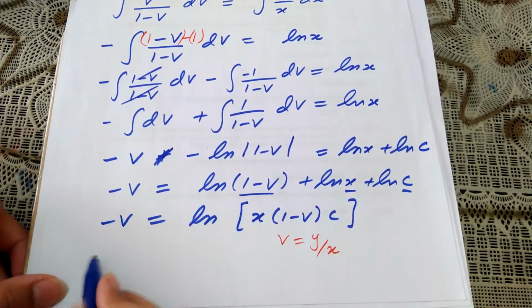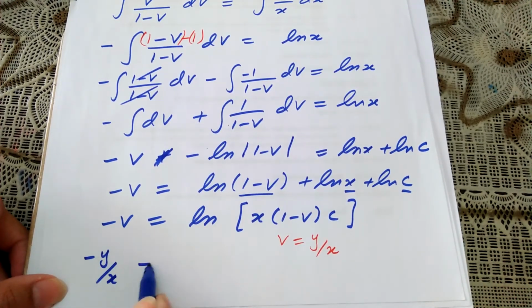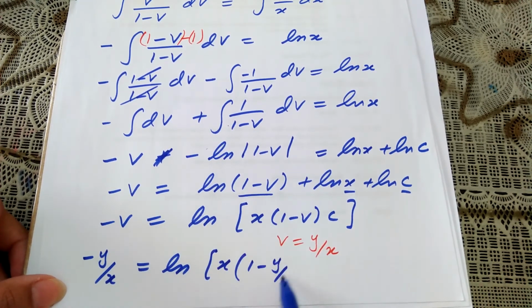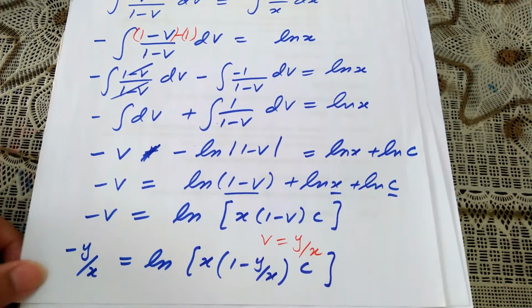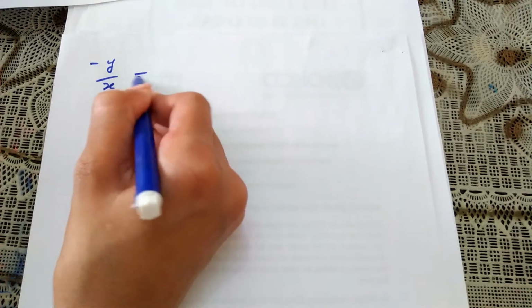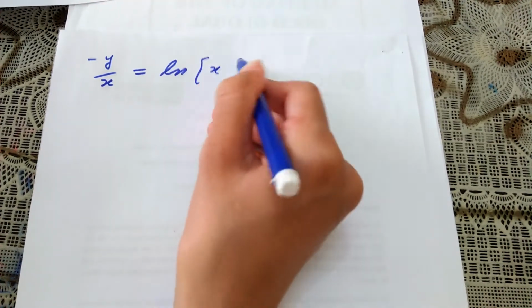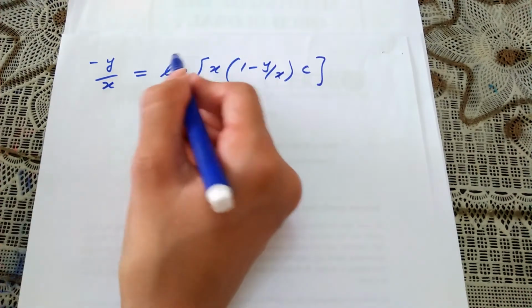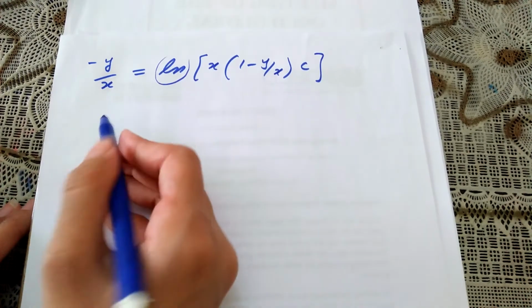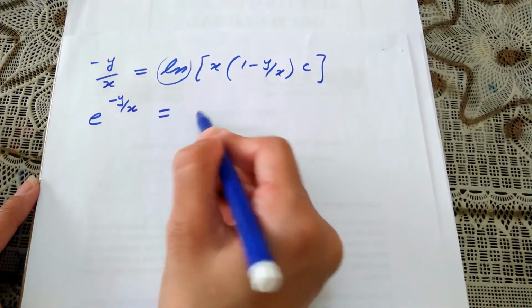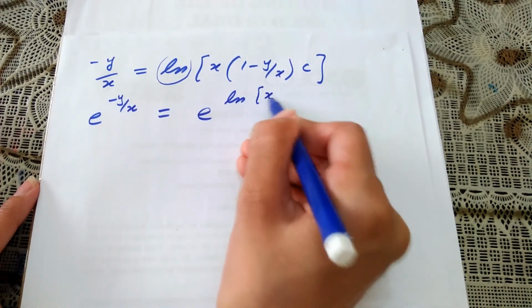I will get minus y over x equals ln of x times 1 minus y over x times c. Now just rearrange it. Now I can remove this ln. How? Just taking exponential on both sides.